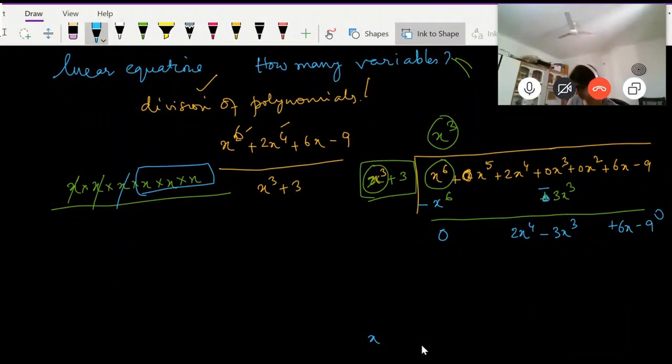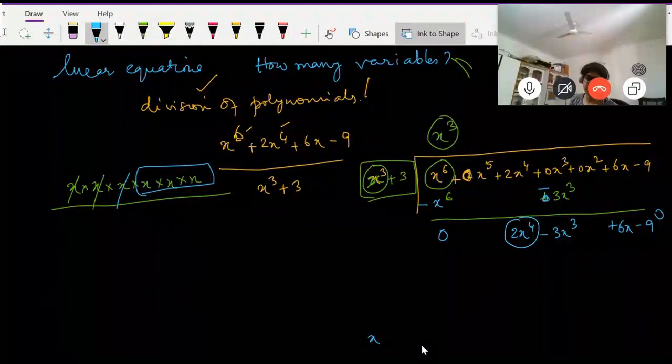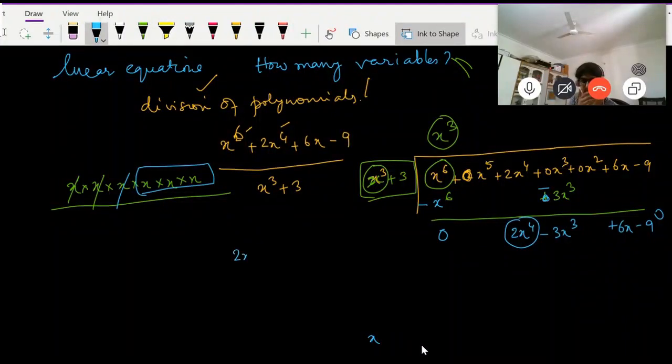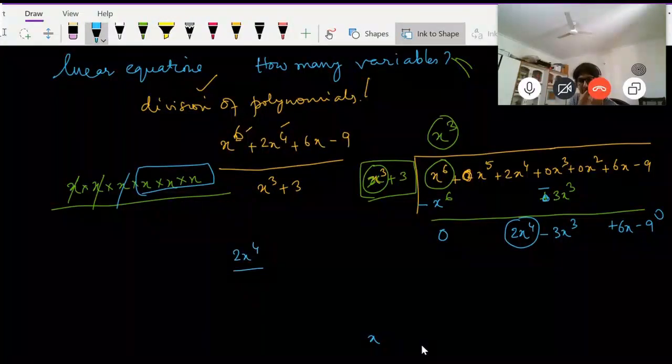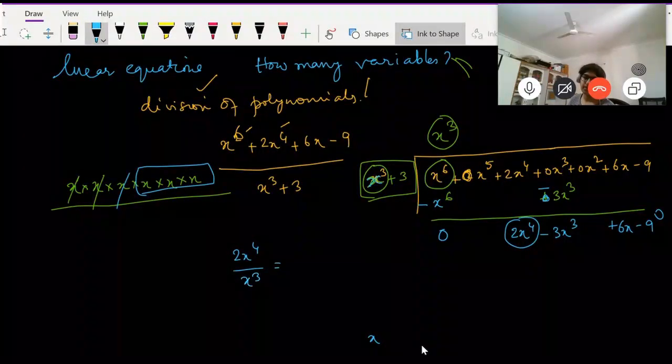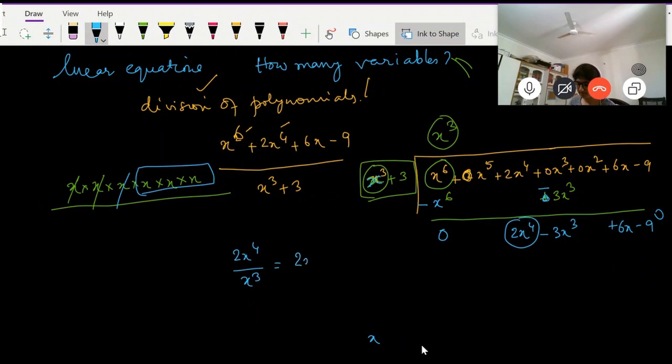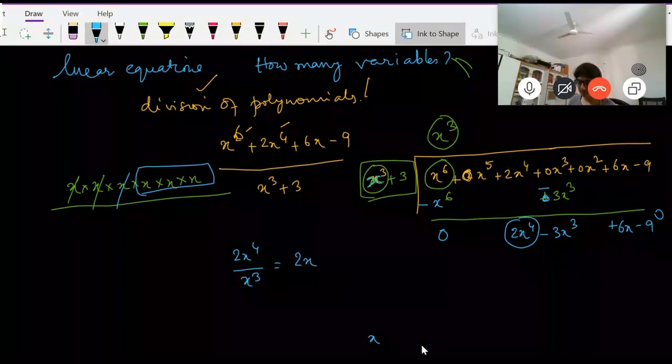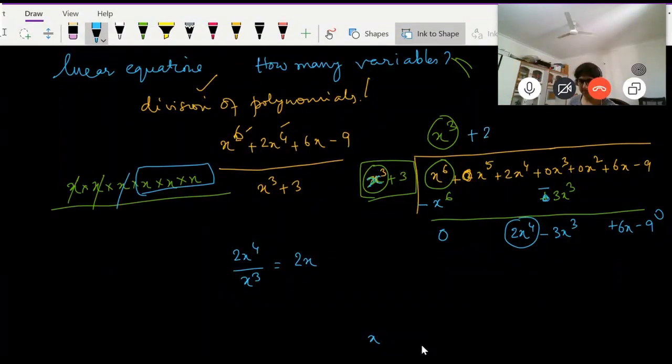So again we do the same thing. We take the first term, which is 2x^4, and divide it by the first term here, which is x^3. That gives us 2x, right? So we write 2x here, and we multiply 2x with the whole term.